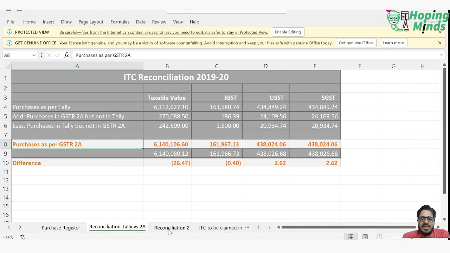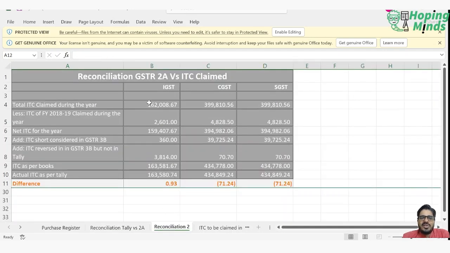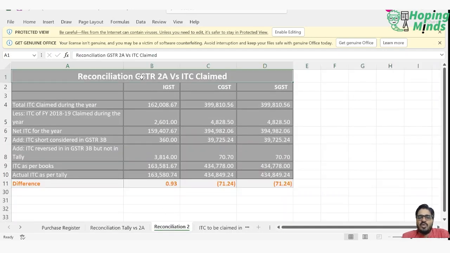Then this is the reconciliation between the GSTR 2A and the ITC claimed, that is GSTR 3B. Here we have total ITC claimed during the year as 162,008.67 under IGST and 399,810.56 under CGST and SGST. So this input tax credit has been claimed in GSTR 3B.